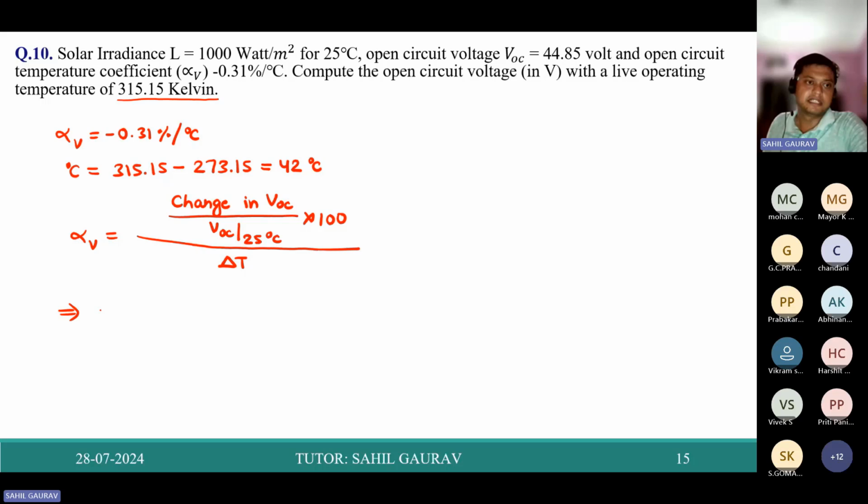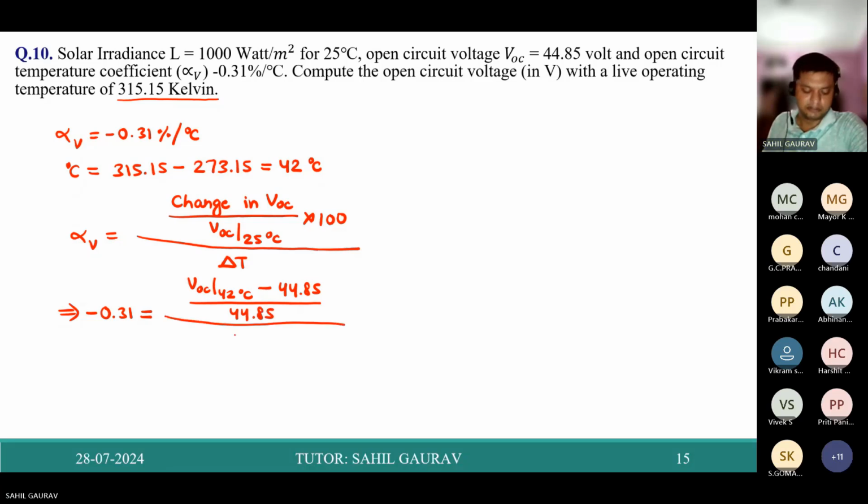So alpha V is given as minus 0.31, equal to the change in VOC, VOC at 42 degrees Celsius, which we have to find, minus VOC at 25 degrees Celsius, which is given as 44.85, upon 44.85, and delta T will be 42 minus 25.